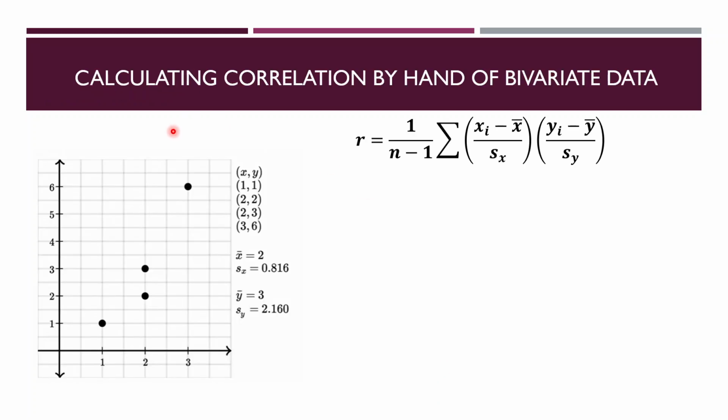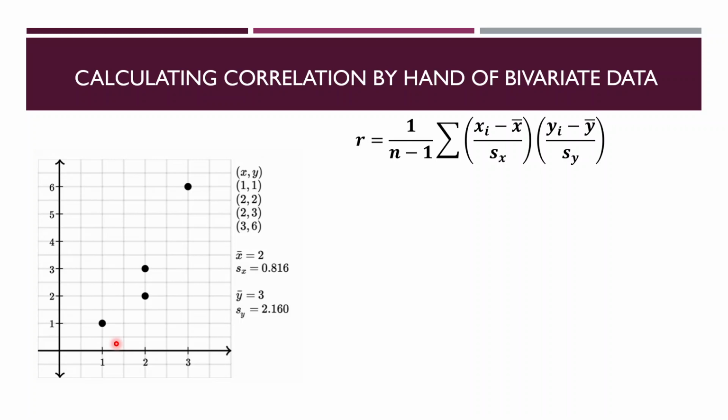Okay, so calculating correlations by hand. We are given this data, and we can see it's a positive correlation. But not every time can you draw a graph. It's time consuming.